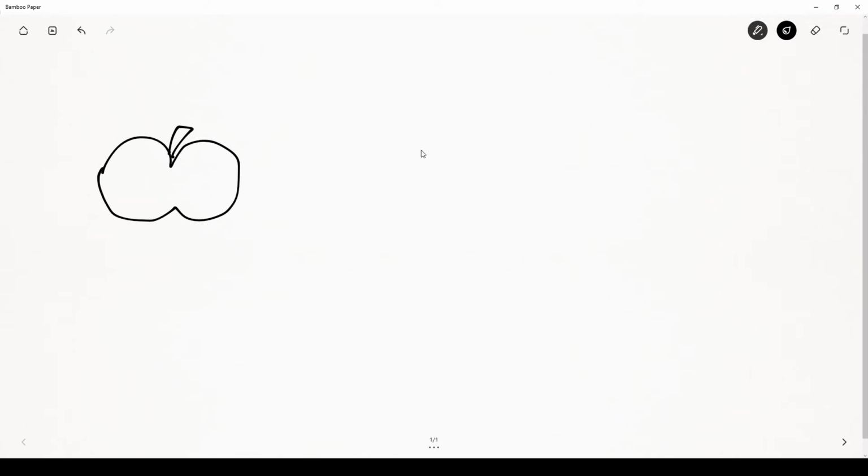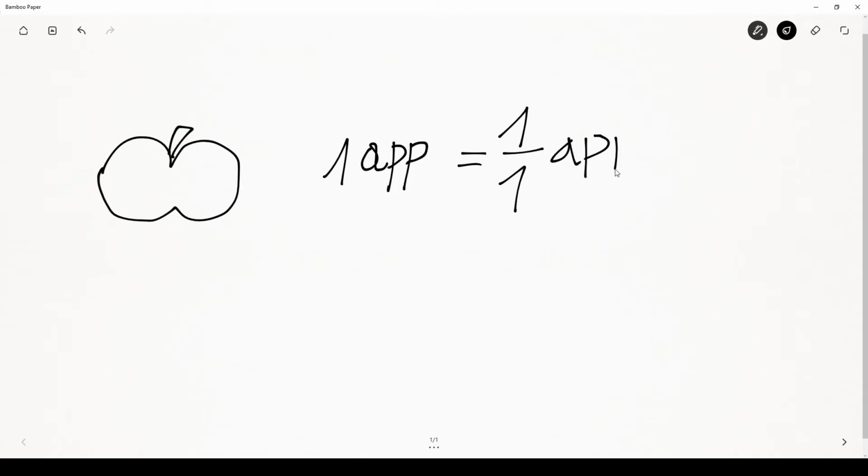Let's say we have an apple, okay? 1 apple. I could call it 1/1 to make it a fraction. It's the same. It's one piece out of one whole piece. 1/1 apple, okay? Let's say I multiply this by half times half.